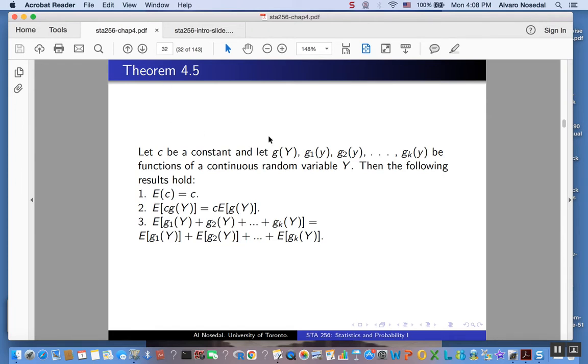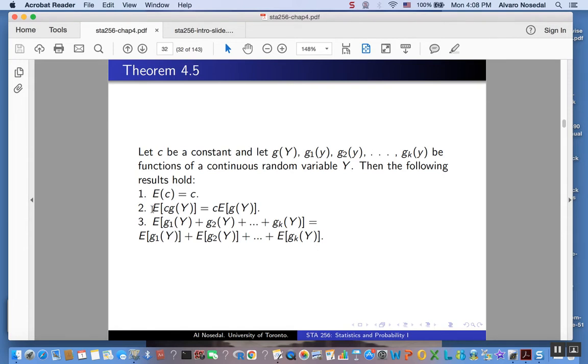So now what we have is several different transformations. g of y would be one of them, and then we have k transformations here: g1 of y, g2 of y, up to gk of y. Now what we would like to show is that the expected value of a constant is the constant itself.